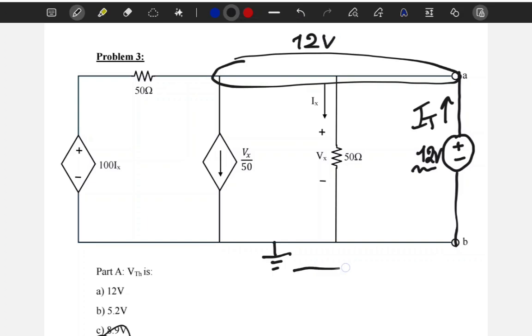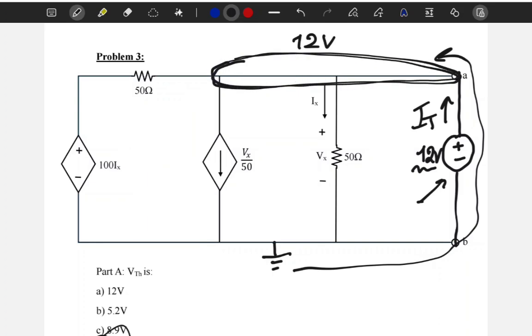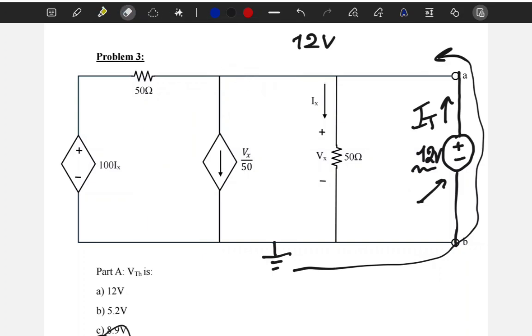Because from the ground up to this node, I only have this 12 volt source. So the only thing that I'm connecting between this node and the ground is a 12 volt source. So this node is necessarily 12 volts. Now this entire thing is one node because notice we have node A, connecting wire, this is the same node, connecting wire, this is the same node. So everything is the same.